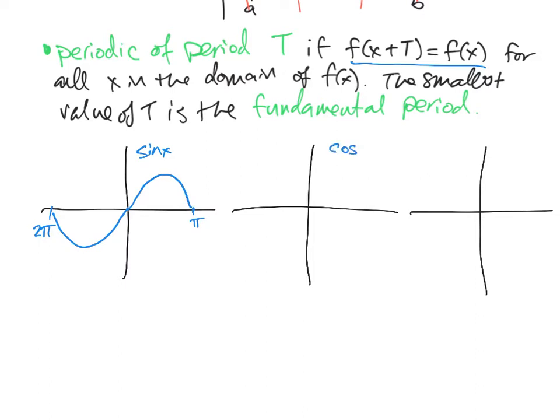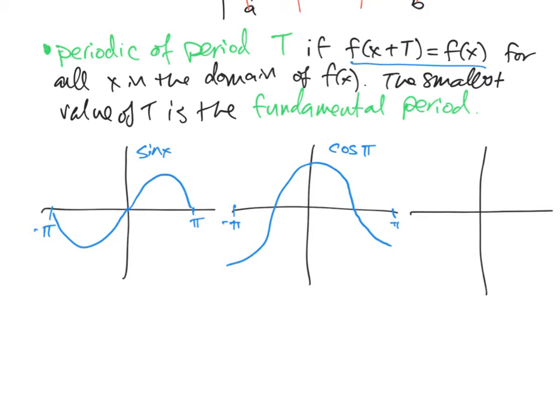And then we have cosine, which goes like this, from negative pi to pi. Another example of a periodic function would be tangent.